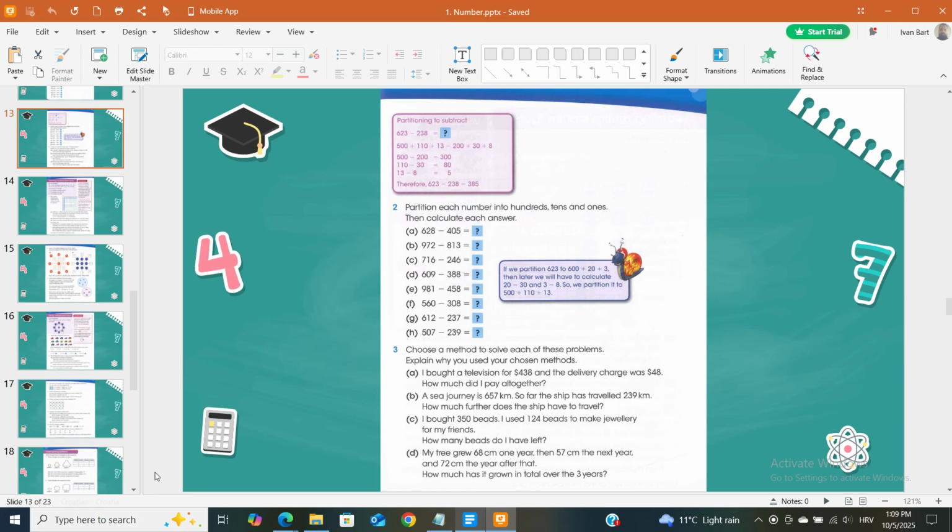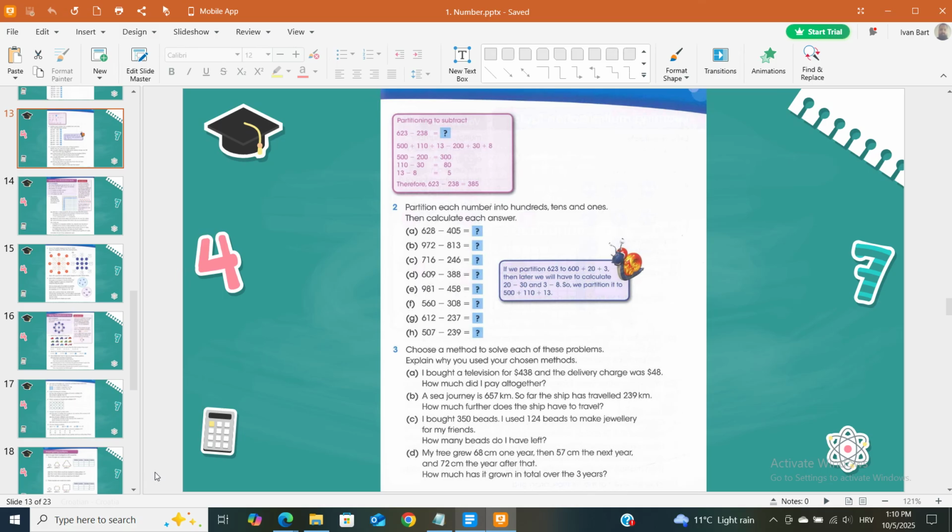A. I bought a television for $438 and the delivery charge was $48. How much did I pay altogether? B. A sea journey is 657 kilometers. So far the ship has traveled 239 kilometers. How much further does the ship have to travel?